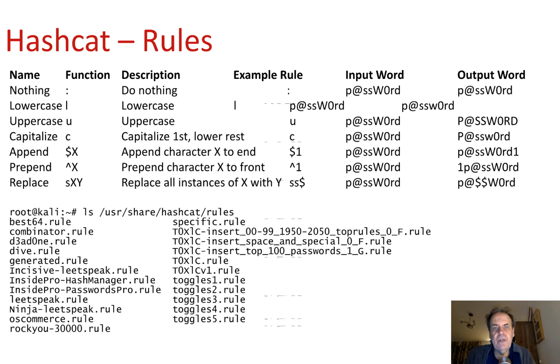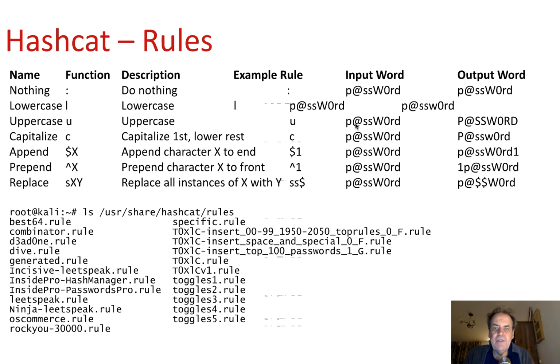Okay, we can also define certain rules to be able to modify our passwords. We can take a password and make something lowercase. We can make it uppercase. In this case, we'll change the P there into an uppercase. Typically it'd be for the first letter.